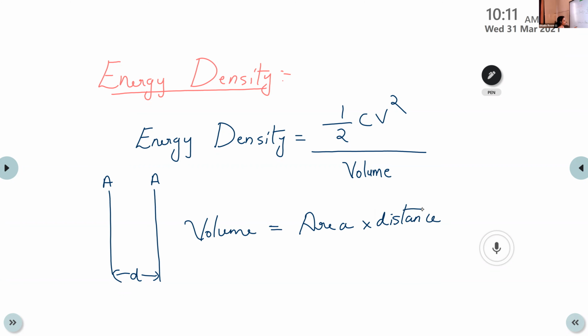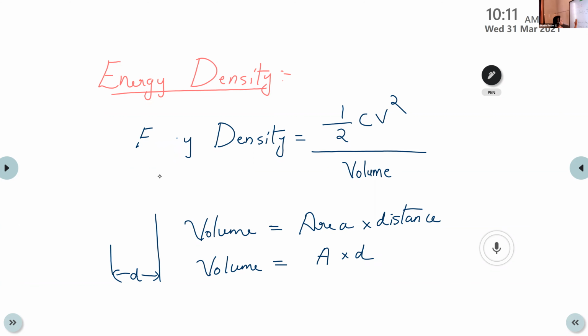Since we have taken the area of cross section as A, and the distance of separation between them is D, the volume is equal to AD.